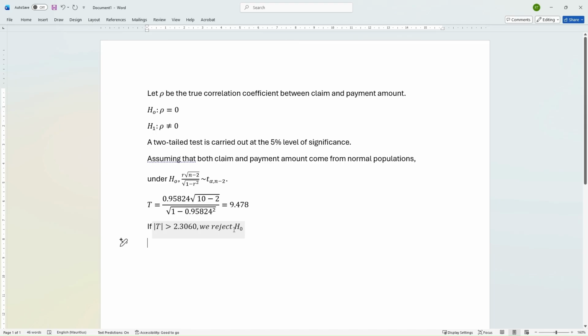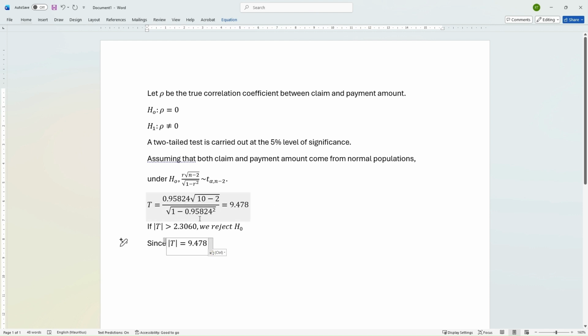Now, since our modulus t that we have computed is equal to 9.478, if this value was negative, you would say modulus t is equal to 9.478, not the negative. You will put it as positive.